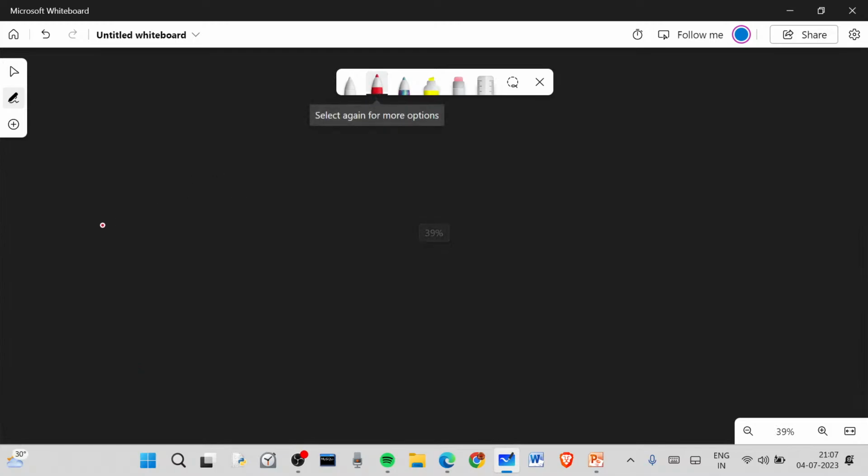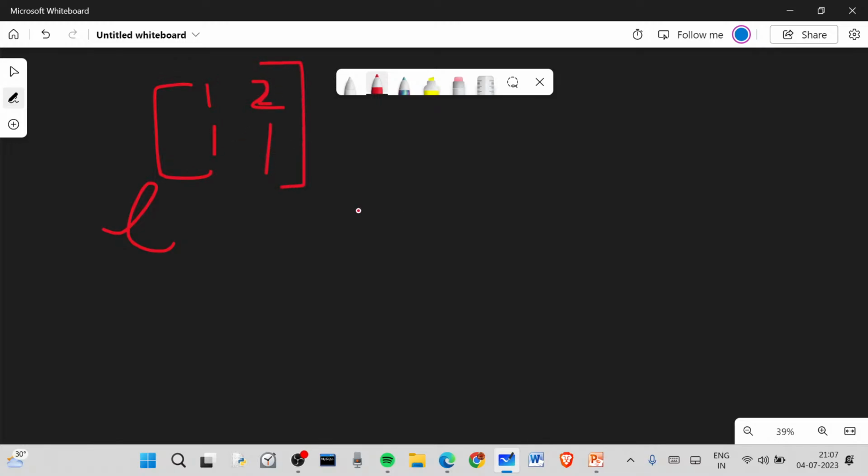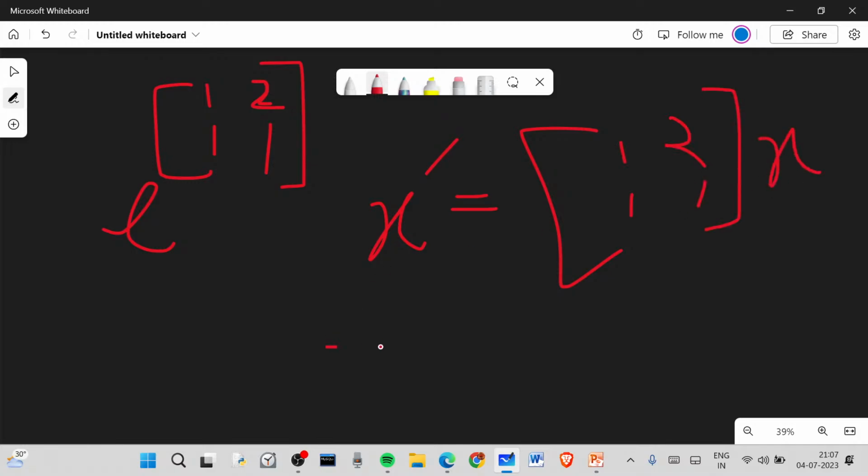For example, I want to find e to the power of the matrix 1 2 1 1. So I'm making a differential equation like this, because the solution of this differential equation, in layman's language, considering a matrix as a scalar, is c e to the power of the matrix 1 2 1 1.